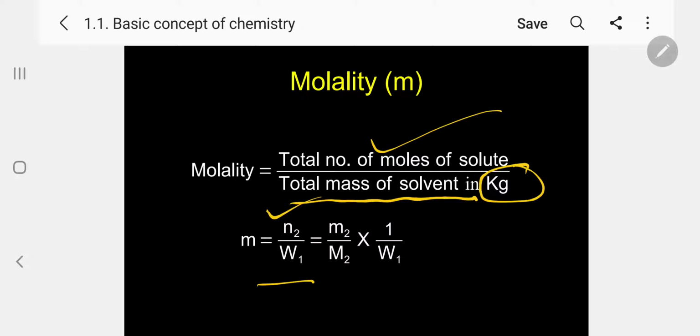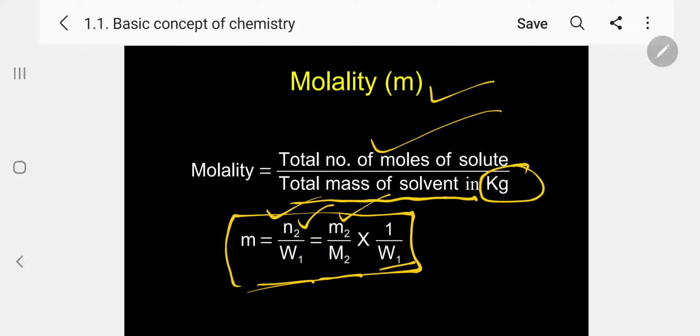So that is given mathematically as m equal to n2 by w1, where n2 is the number of moles of solute and w1 is the mass of the solvent in kilogram. Or n2, we know the formula is small m2 by capital M2, mass by molecular weight, into 1 by W1. So this is the molality, indicated by small m.